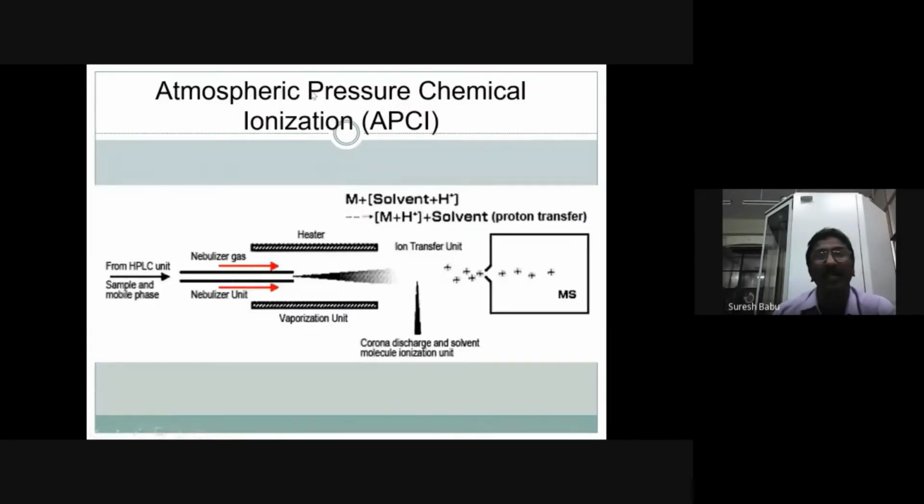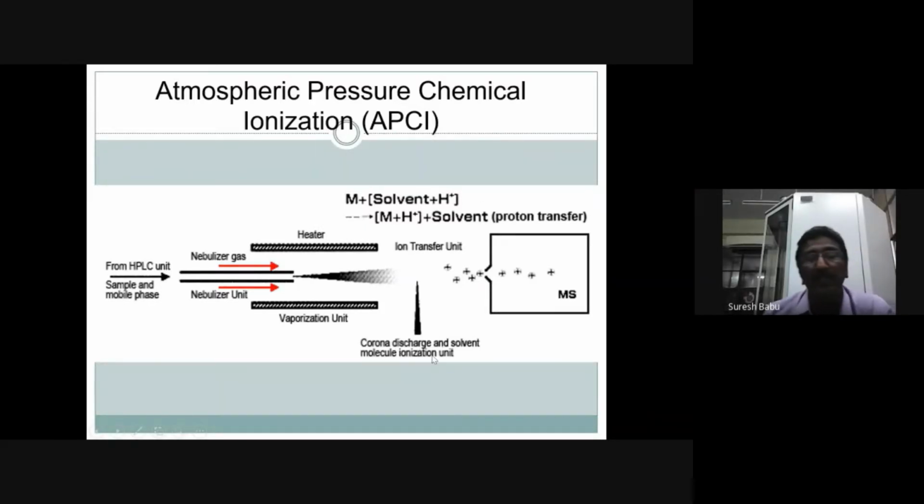Okay, and the second one is atmospheric pressure chemical ionization. So here, instead of a voltage, a heater is used. We can see the picture. The LC output is nebulized into a heater, the solvent evaporates, and here ionization is caused by a corona discharge of chemical reagents.